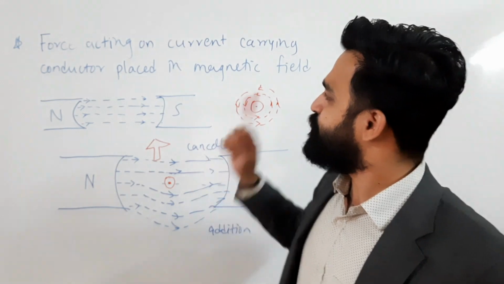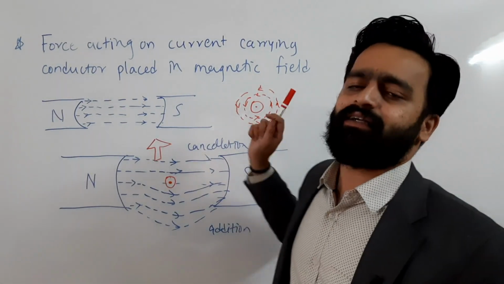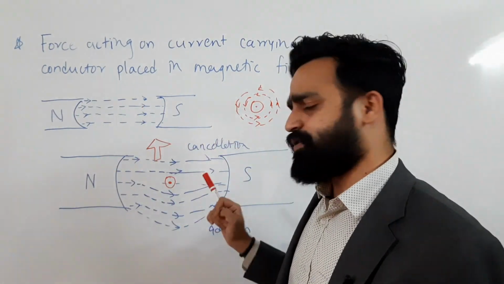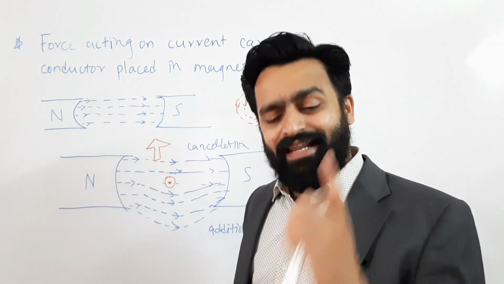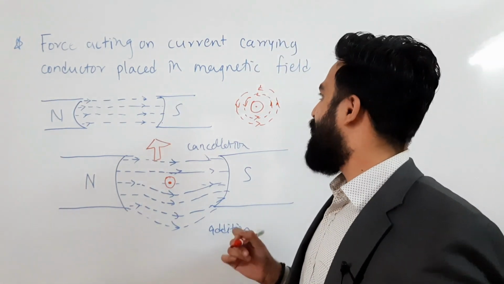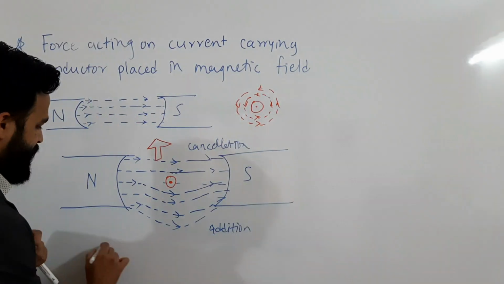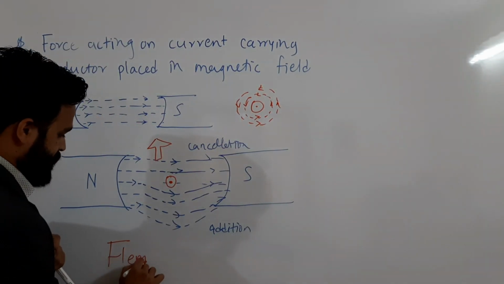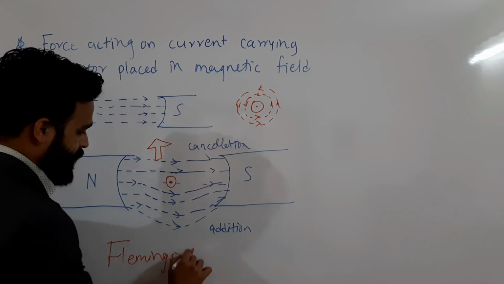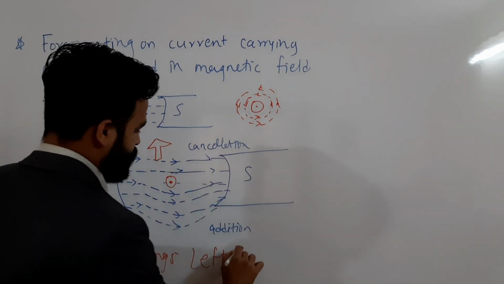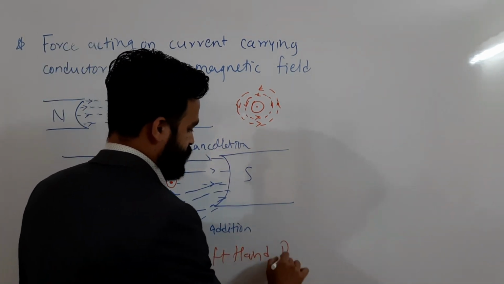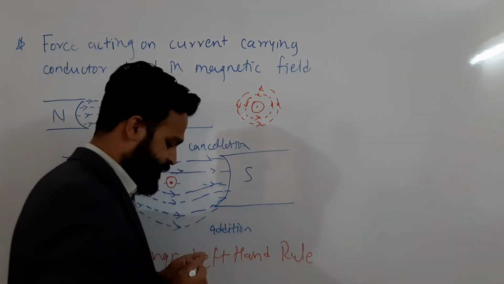Understood? So whenever you place a current carrying conductor in a magnetic field, it experiences a force, and the direction of that force is given by Fleming's left hand rule. What is Fleming's left hand rule?